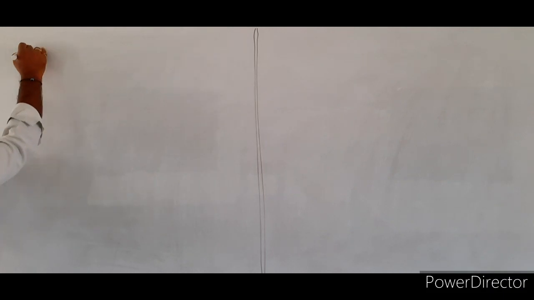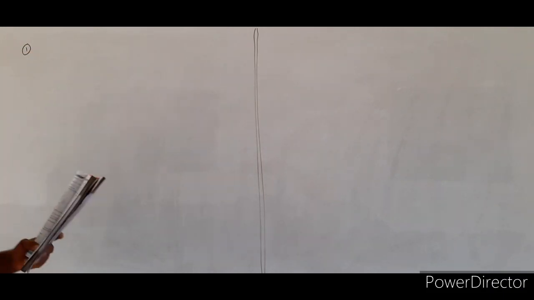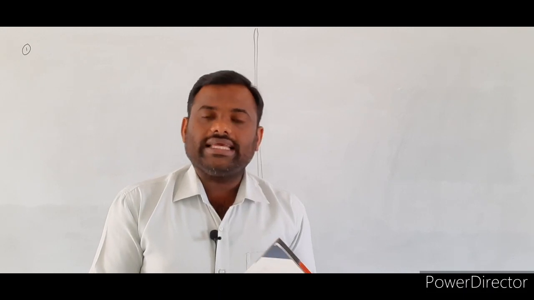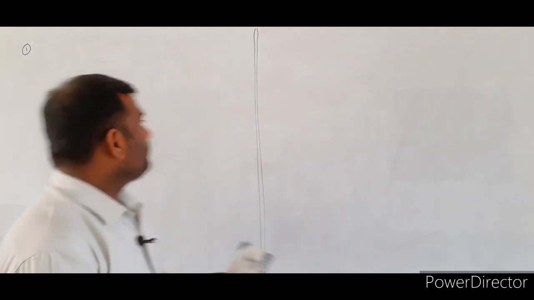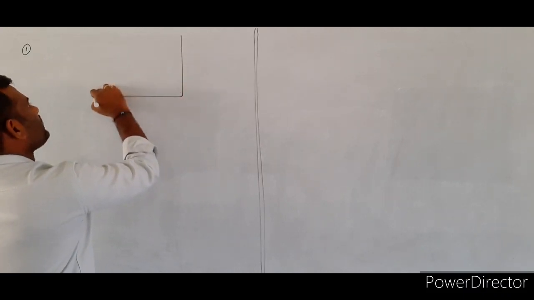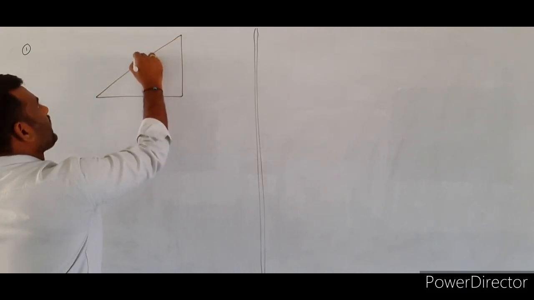The first one: a body of mass m is sliding down on the smooth inclined plane of inclination theta. If L is the length of the inclined plane, what is the work done by the gravitational force? Which type of inclined plane do they consider here? They consider the smooth inclined plane.